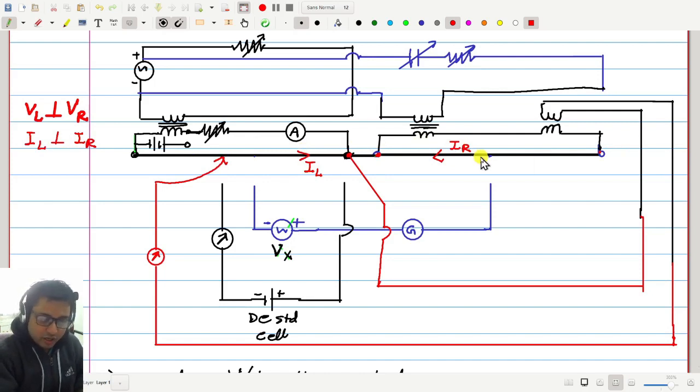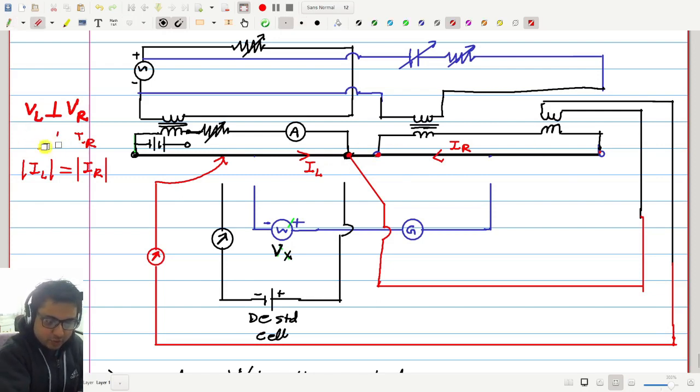And if these two are identical potentiometers with the same resistance, then we also want the magnitude of IL to be equal to the magnitude of IR. So these two currents should have the same magnitude, but the phasor angle between them should be 90 degrees.